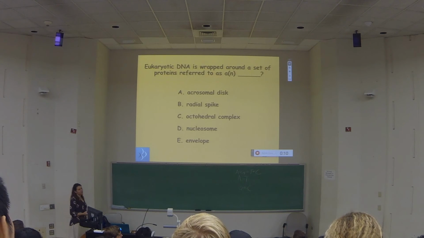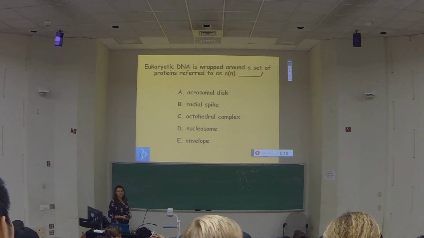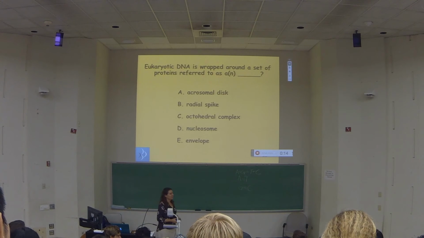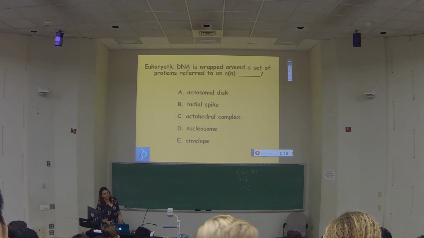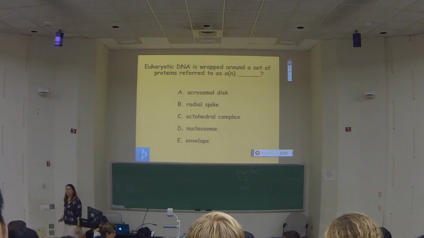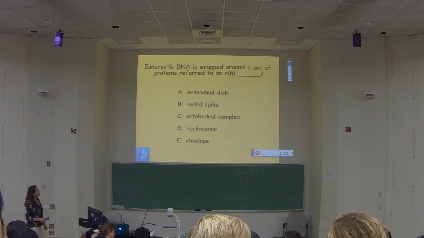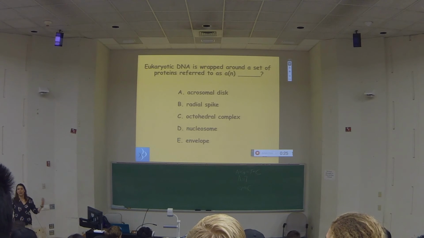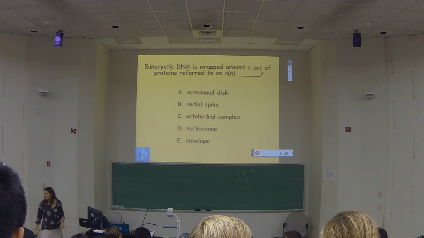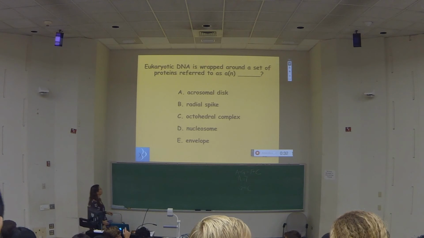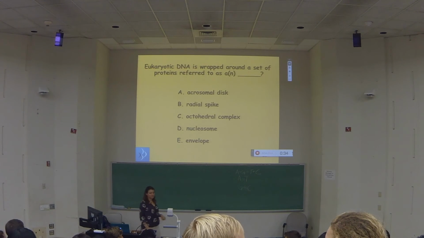All right, so this should be from your homework. So it should be completely out of the blue. We're packaging up our DNA. It's wrapped around some stuff in a structure. But it never asked for the name of the filter. It just was like, what is it?